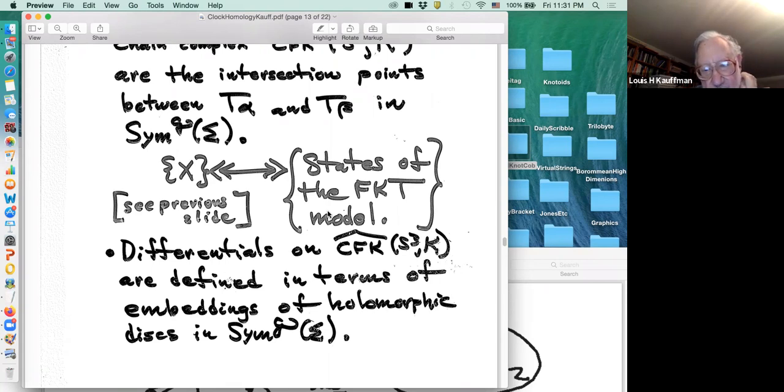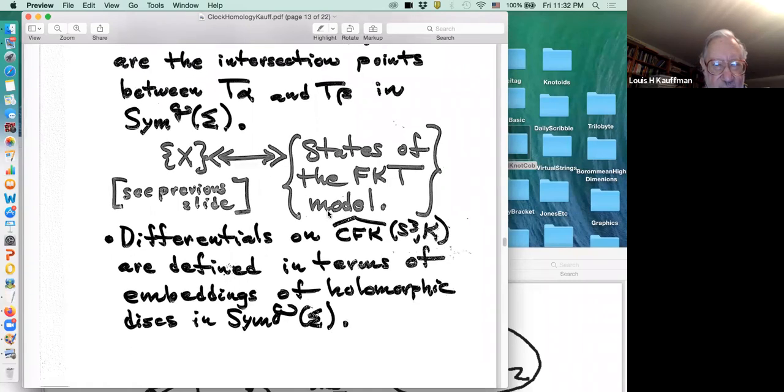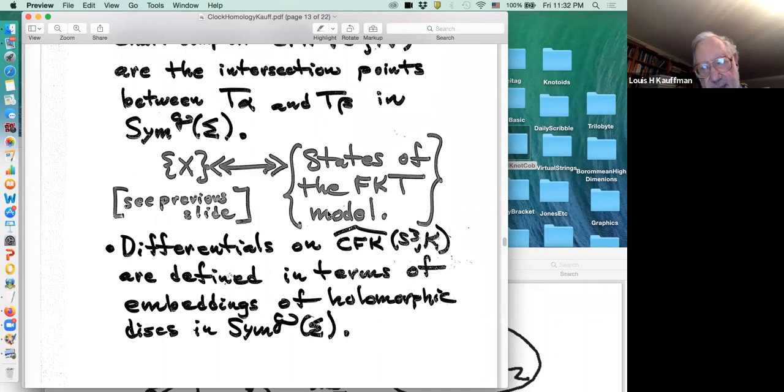So now you're doing high-dimensional topology and thinking about how certain complex structures up there and disks can touch one another. And the differentials are defined in terms of that, and I won't go into that now. We'll quit now, but that's how it goes. And they define their homology theory like that.